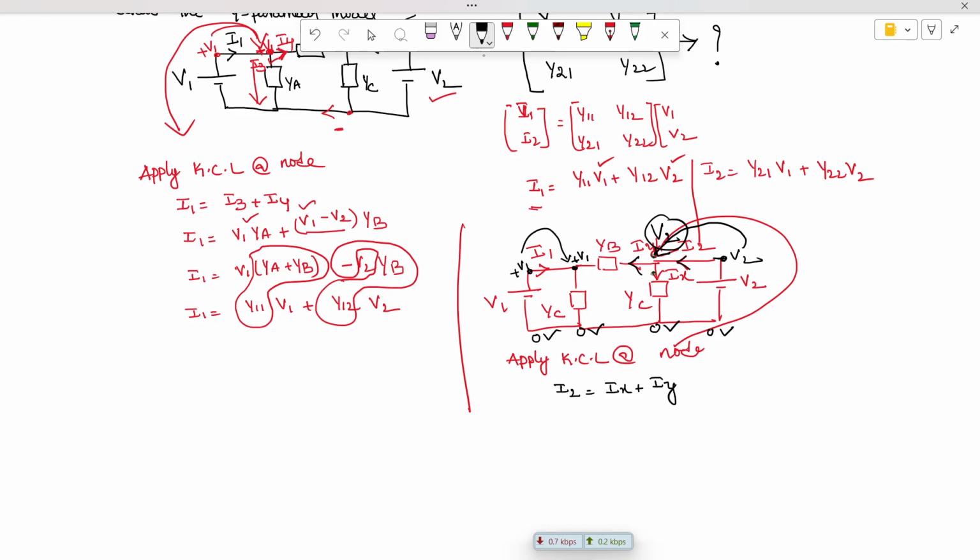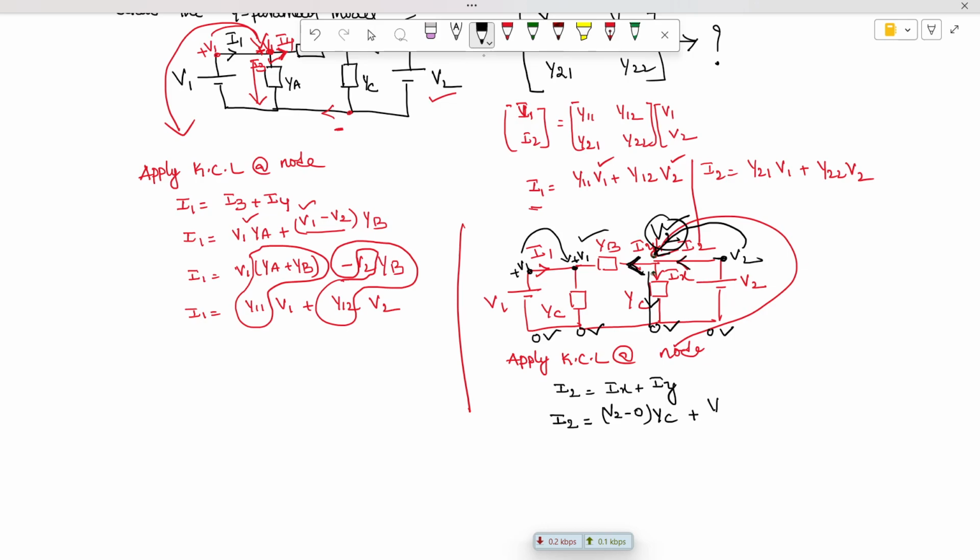Now I2 is entering. I2 does not need to be disturbed; we need to rewrite only Ix and Iy. Ix is equal to (V2 minus 0) multiplied with the admittance YC, plus the current Iy in this branch, which should be in terms of only V1 and V2.